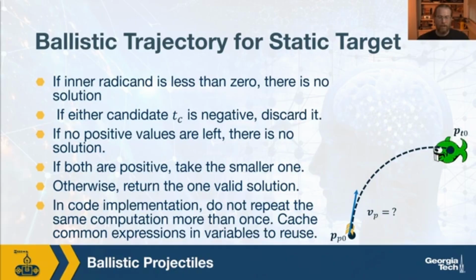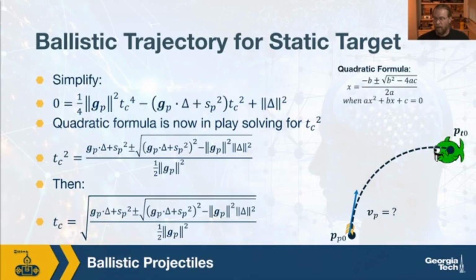And then in terms of code implementation, you don't want to repeat any expensive computations more than once. So you're going to carefully analyze all of these terms, look for which terms have repeated use, and only calculate them once. Use some memory, save a variable. If we go back and look, I see the gravity vector dot product with our delta.